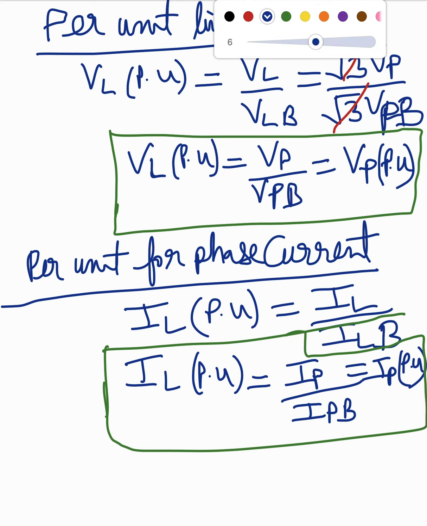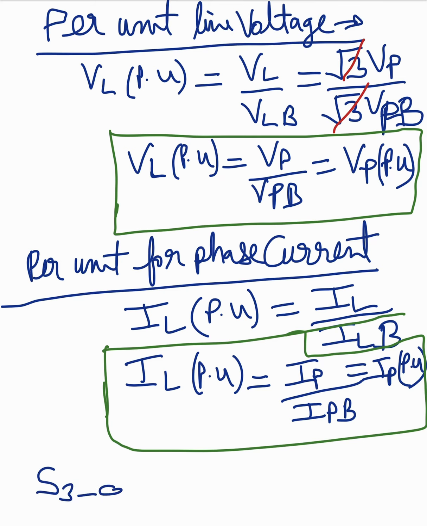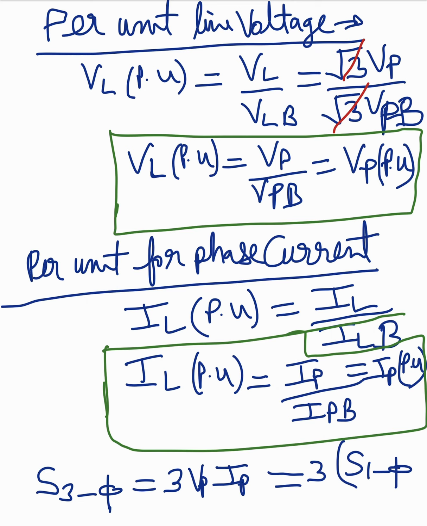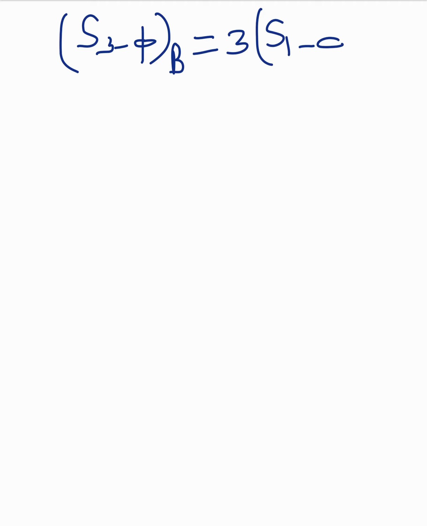Next is S 3 phase. What is that? We know that 3 VP and IP, we can write like this. So that is equal to 3 into S of single phase. So here we can write like this: S 3 phase base is equal to 3 S of single phase.